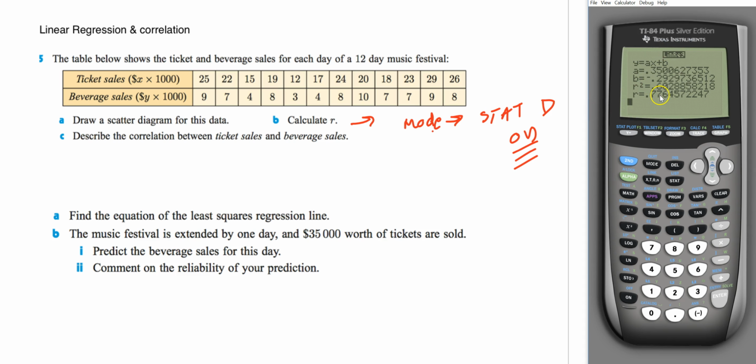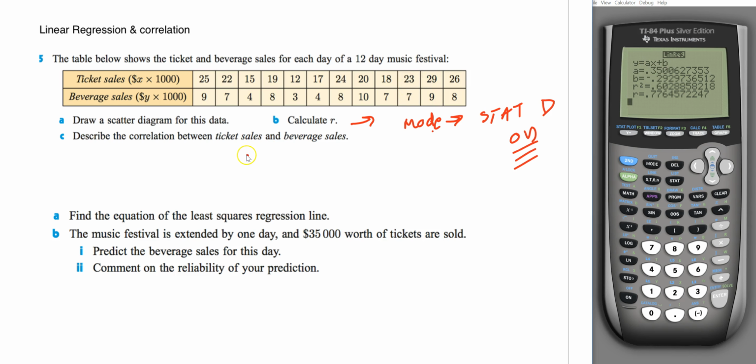R is 0.77, right? That's moderately strong. So 0.77, R2 is right there, which is a different thing than R. And then A and B, right? B here is the y-intercept, A is the slope. The slope would be Y over X, so it would be beverage sales per ticket sale. So we get about 0.35 beverage sales per ticket sale.